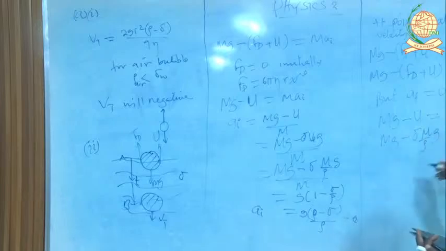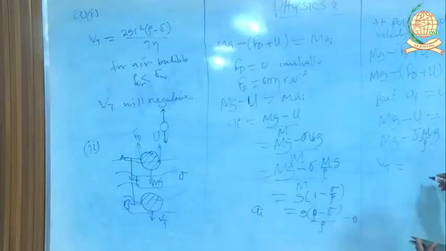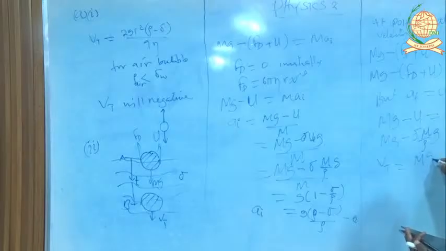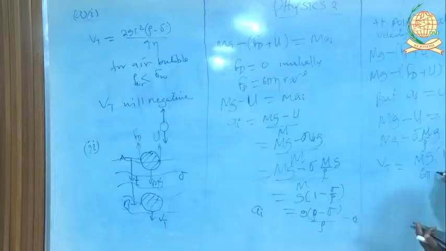So again, you can make v terminal the subject, which is equal to mg bracket 1 minus sigma over density, divided by 6 pi eta r.